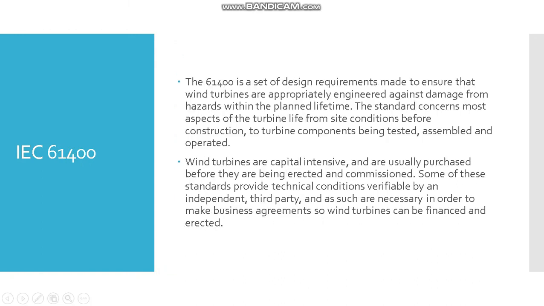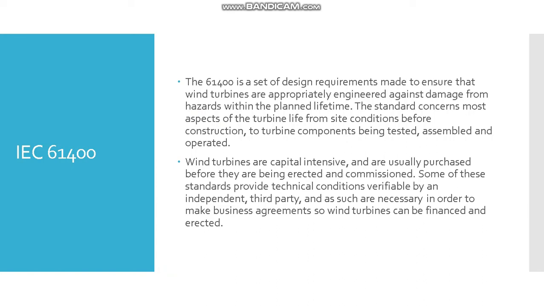Okay, so here is the IEC 61400 standard, which is for the wind turbine. So the 61400 is a set of design requirements made to ensure that the wind turbines are appropriately engineered against damage from hazards within a planned lifetime. So the standard concerns most aspects of the turbine life from site conditions before construction, the turbine components being tested, assembled, and operated.